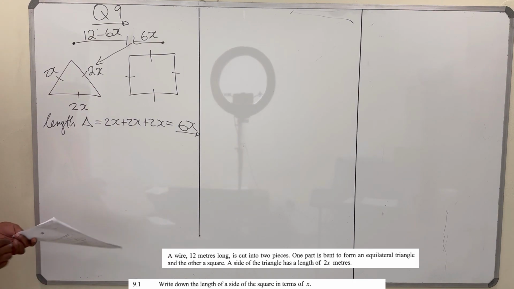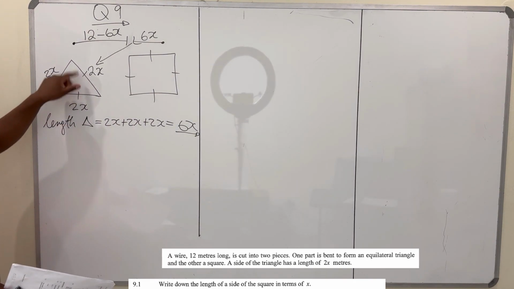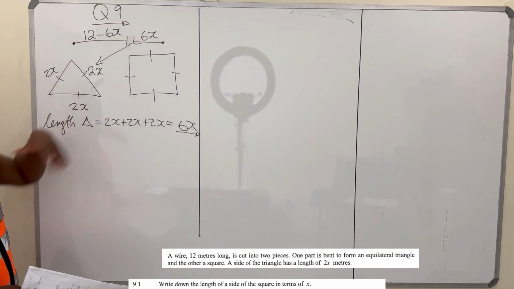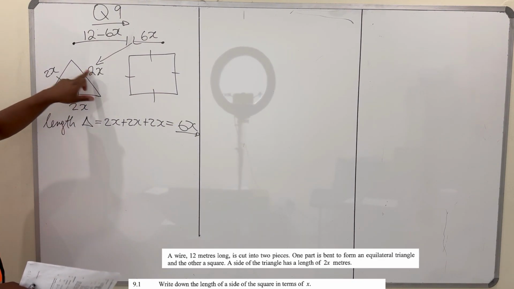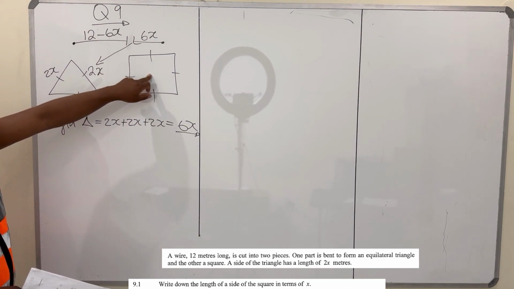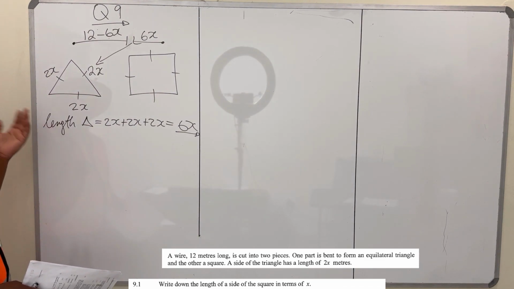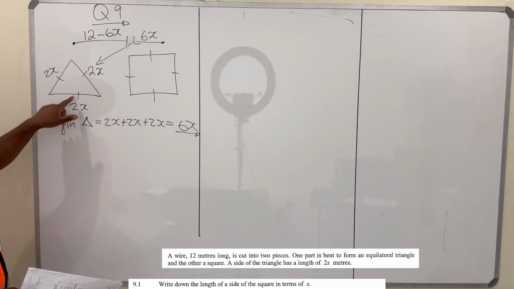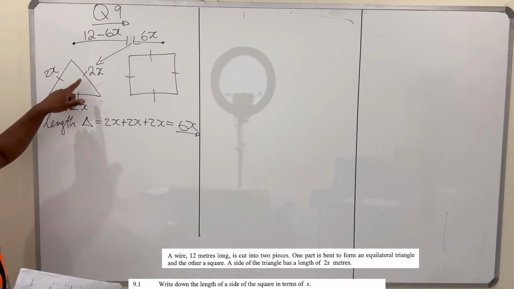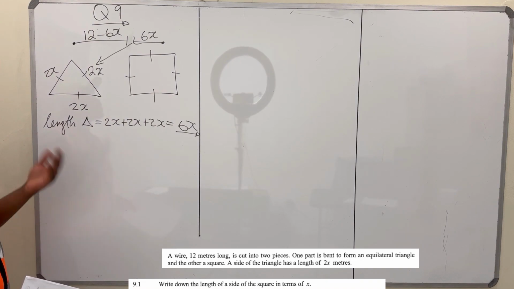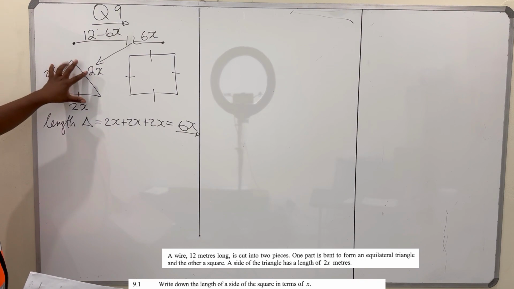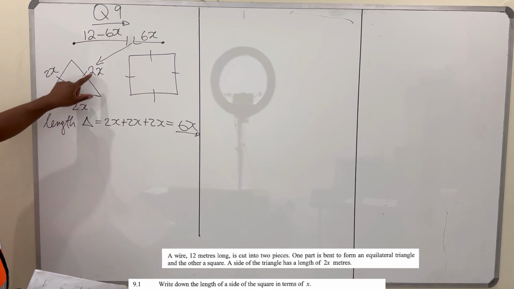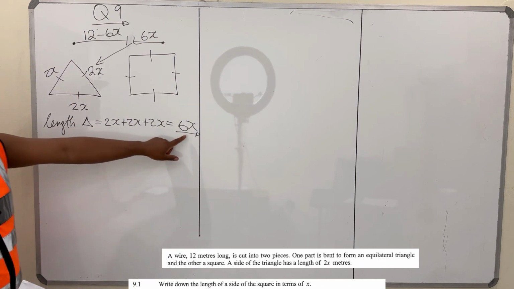I'm saying this because we cut the wire such that we form this equilateral triangle, in which all sides are equal, and the square. We know that each side of the equilateral triangle has a length of 2x, because all sides are equal. We're given that one side is 2x. So the total length used to make this equilateral triangle will be the sum of these sides, which is 6x in total.